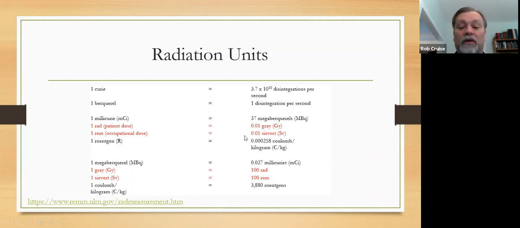The worker is the sievert. You can say that the sievert is the exposure to the staff. So those both start with S. So if we have 100 rad under the old units, we have 1 gray. If we have 100 rem, we have 1 sievert.